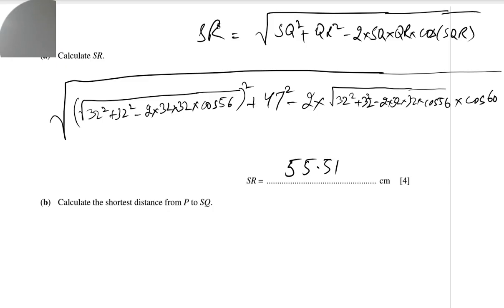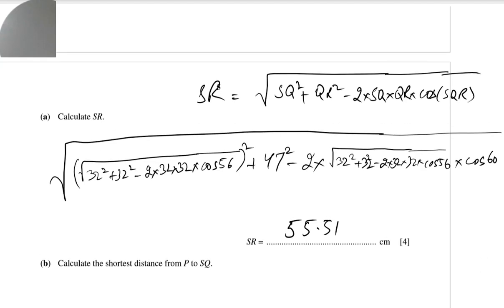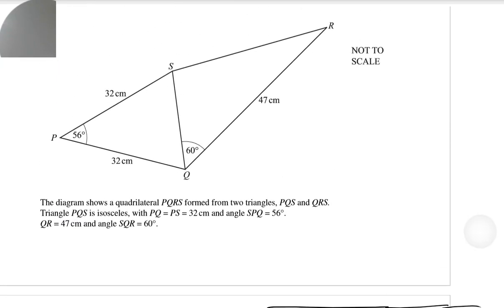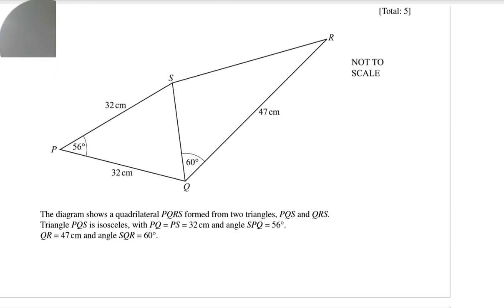Okay, calculate the shortest distance from P to SQ. This is the thing they are talking about. They have mentioned earlier that these are isosceles, or you can see it yourself. So an isosceles triangle can be taken into half.